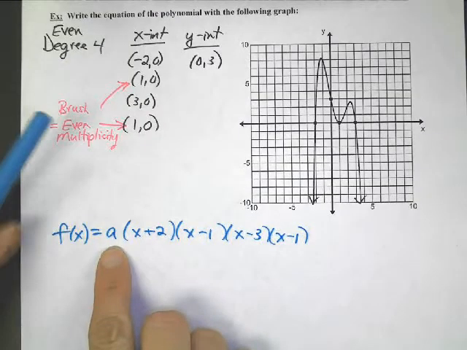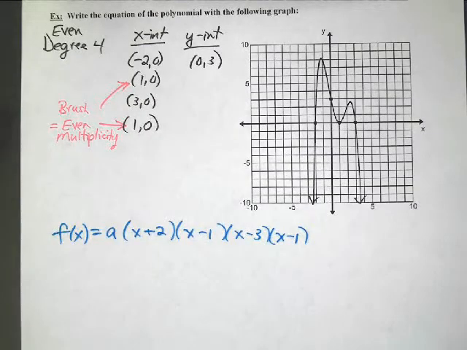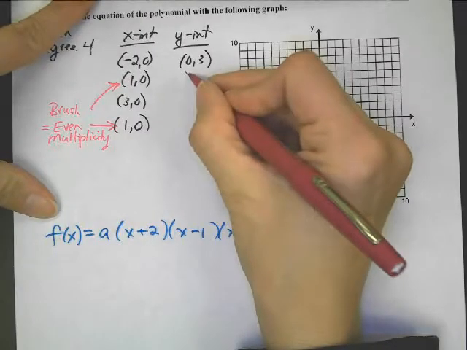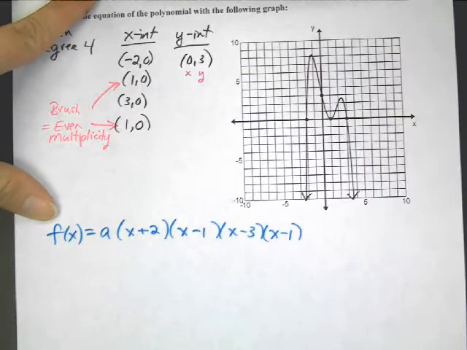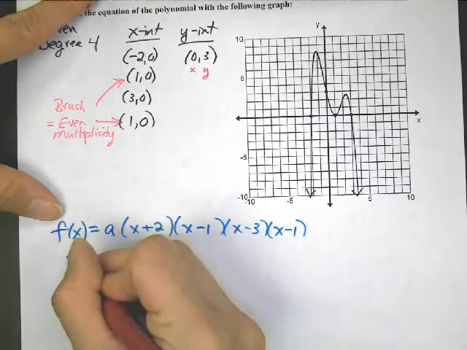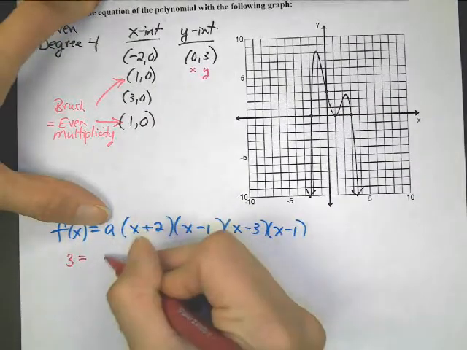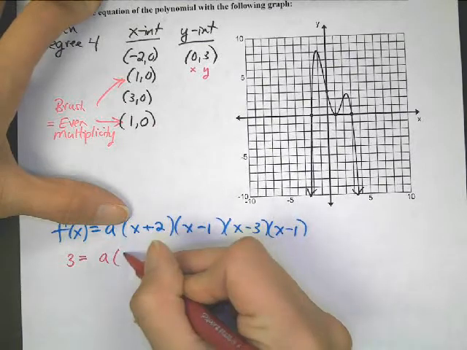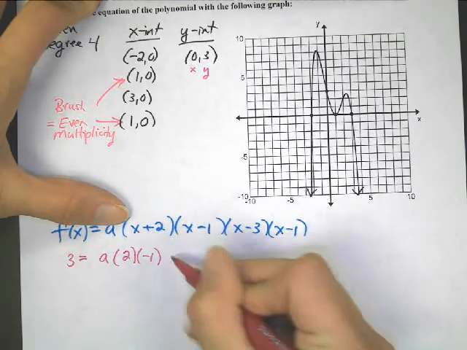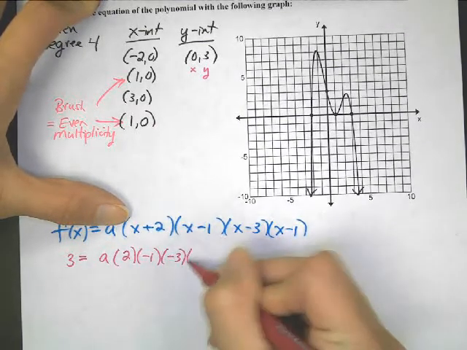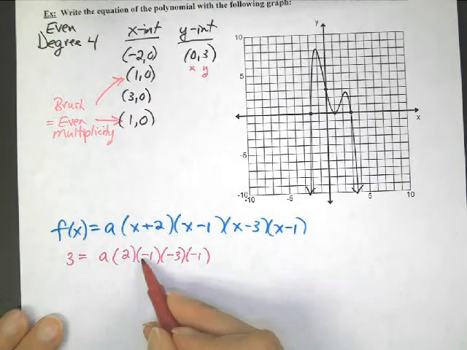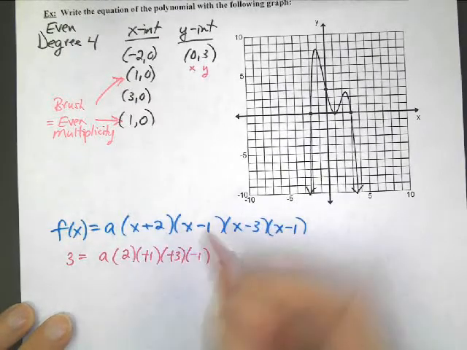Okay, how do you find an a? Well, you use the y-intercept. So let's use 0 for x, 3 for y. 0 for x makes a 2, negative 1, negative 3, negative 1. Negative times negative cancels.